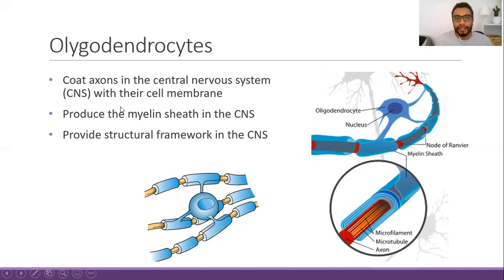These cells can be compared to Schwann cells in the peripheral nervous system. But the difference is that in the peripheral nervous system, only one Schwann cell provides myelin coating to a neuron, whereas oligodendrocytes can give this structural framework to more than one cell. So this is the main difference.